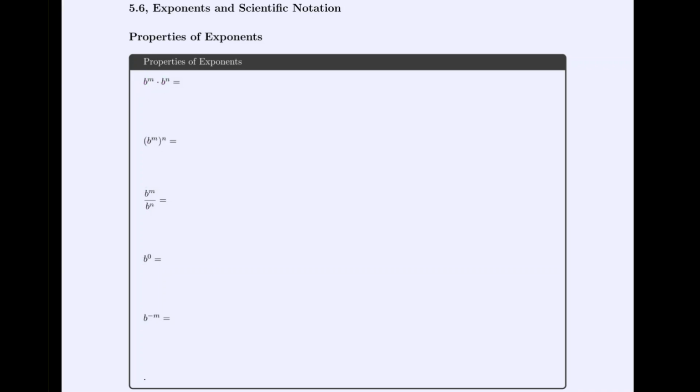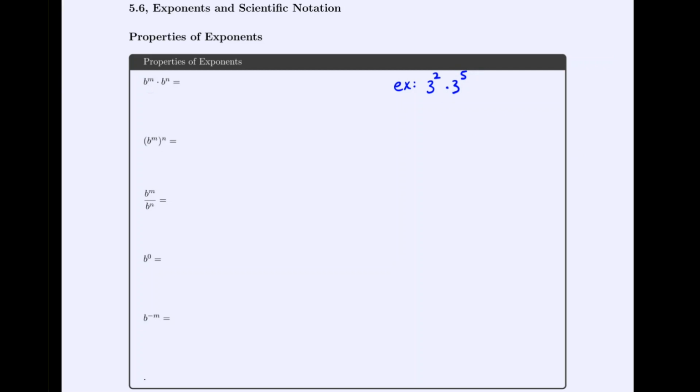So for instance, this could be written as our example if we were looking at 3 to the second times 3 to the fifth. Following this notation, the b is taking the place of the 3. The m is acting like the 2. The n is acting like the 5.